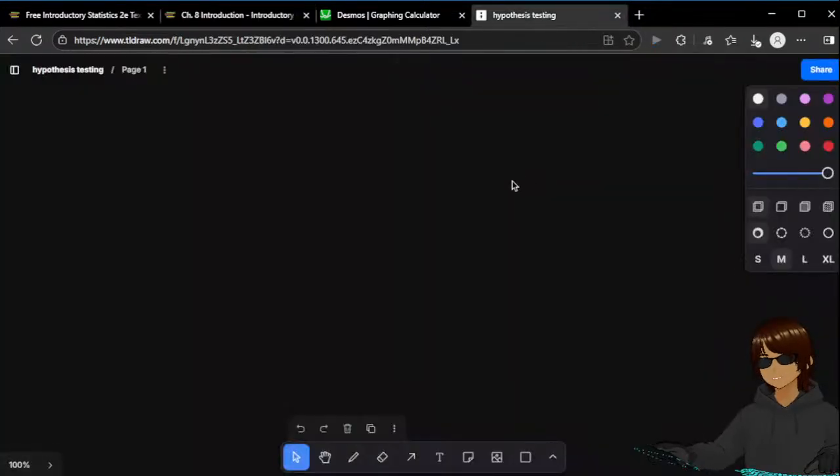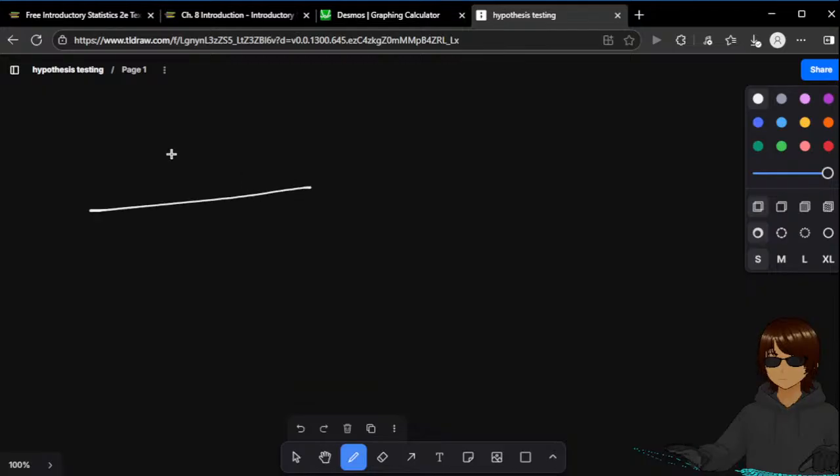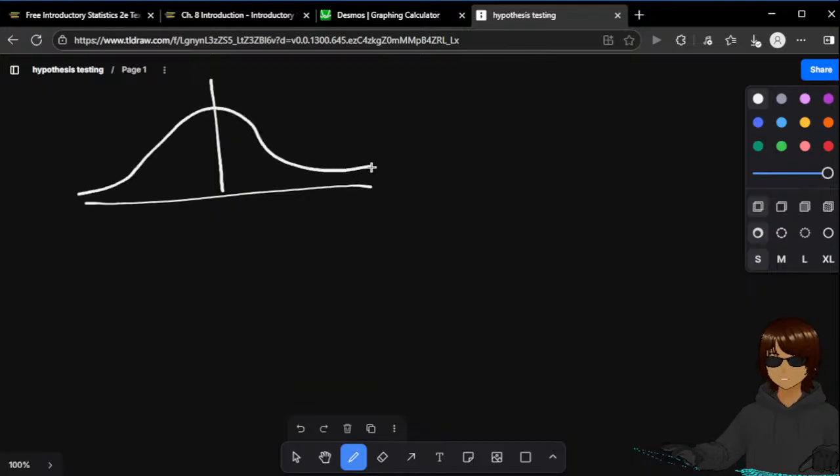Wait, suppose a population has a distribution like this, right? With this mu. Then we collect data. Maybe this is one average, this is one average.